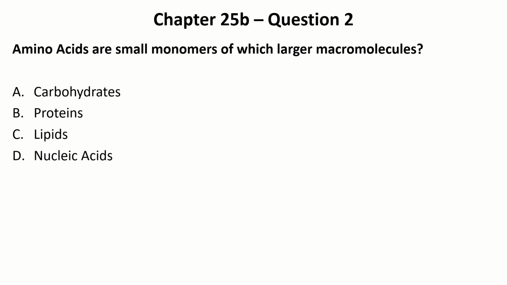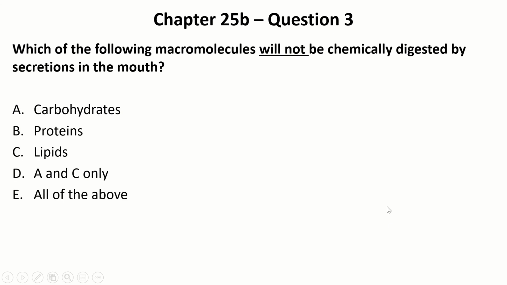Is this of carbohydrates, proteins, lipids, or nucleic acids? Question 3. Which of the following macromolecules will not be chemically digested by secretions in the mouth? Carbohydrates, proteins, lipids, A and C only, or E, all of the above.